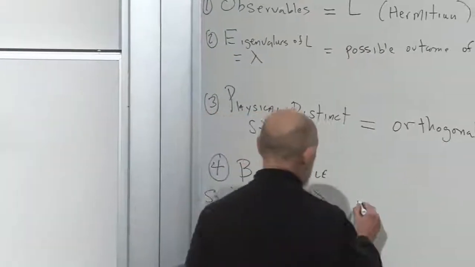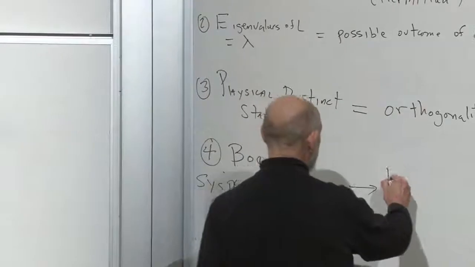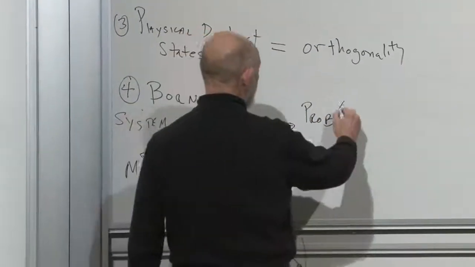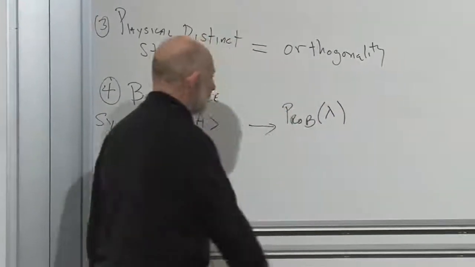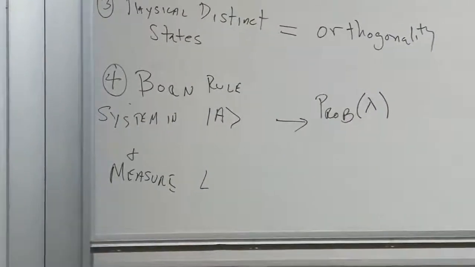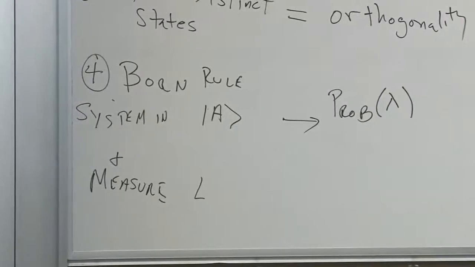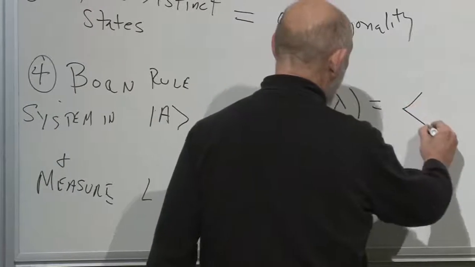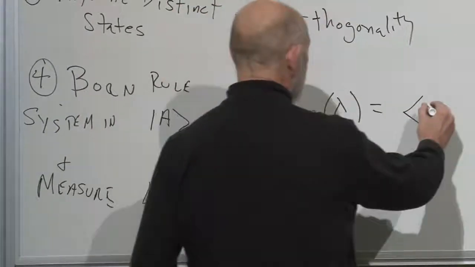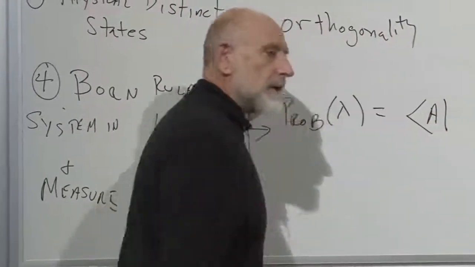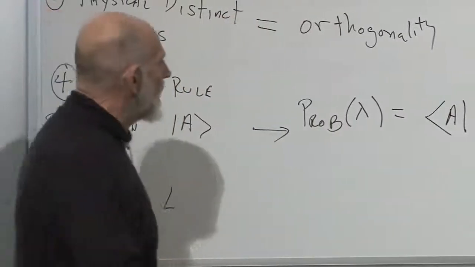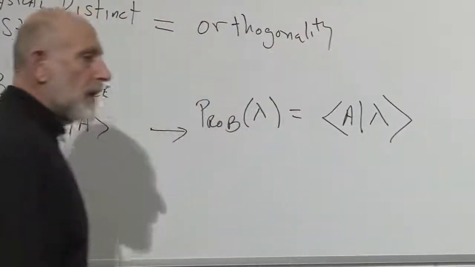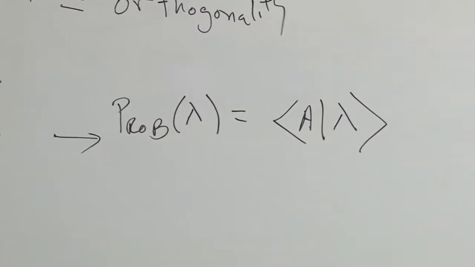The answer is the probability that you get result lambda. That's the probability that you get out of the various eigenvalues that you get lambda is equal to the square of the inner product of the state vector that the system was in with the eigenvector corresponding to it, the normalized eigenvector. All vectors are normalized now.